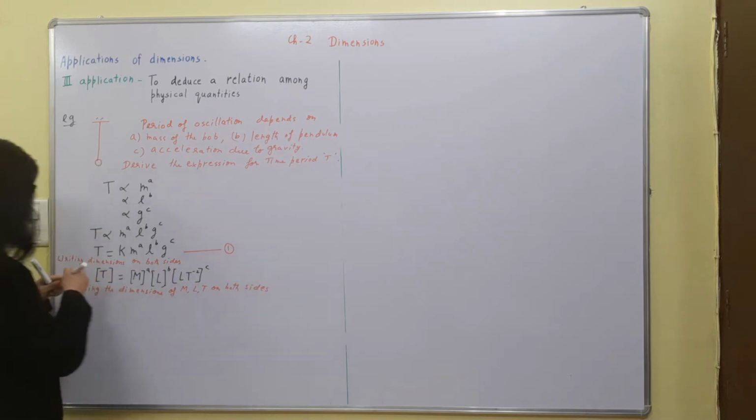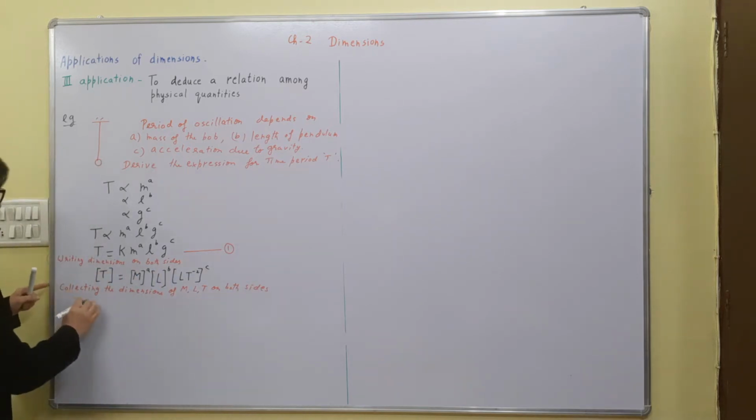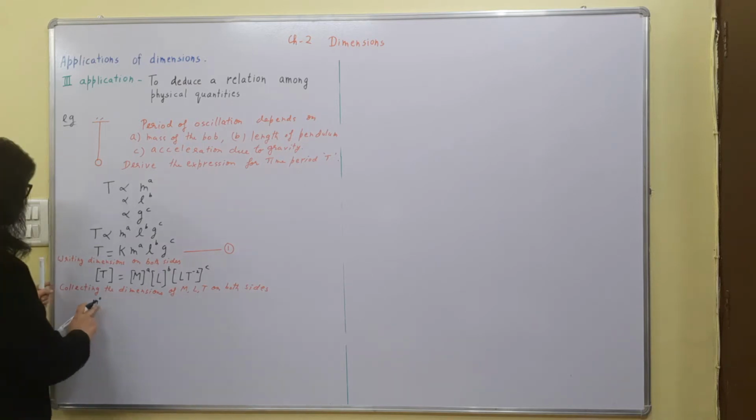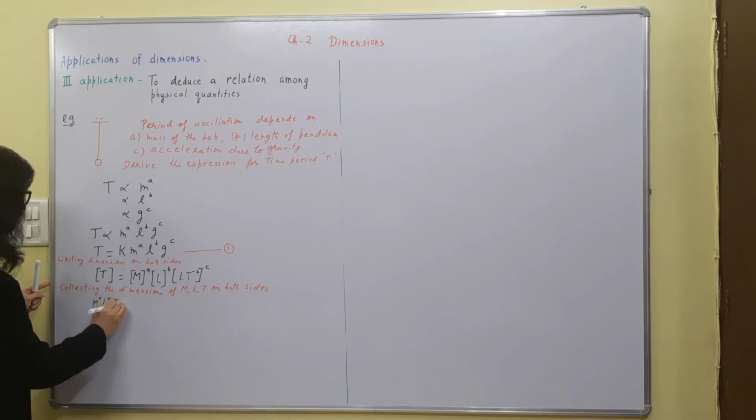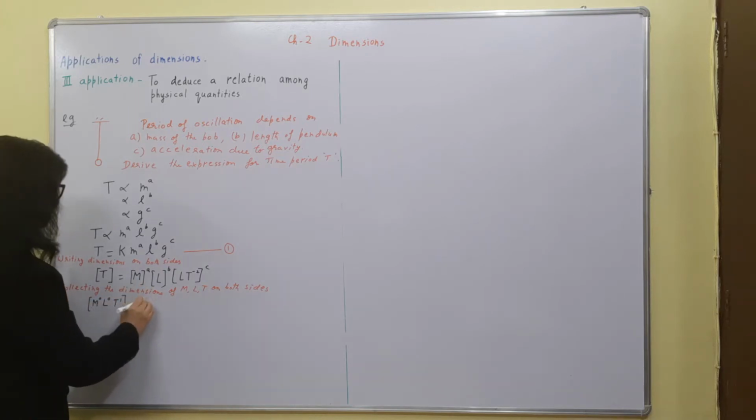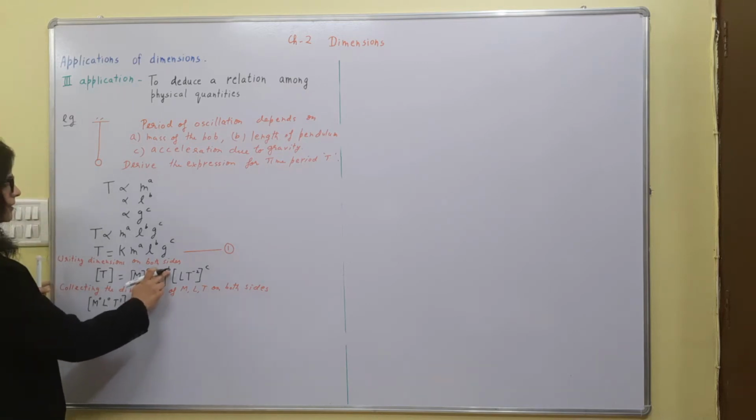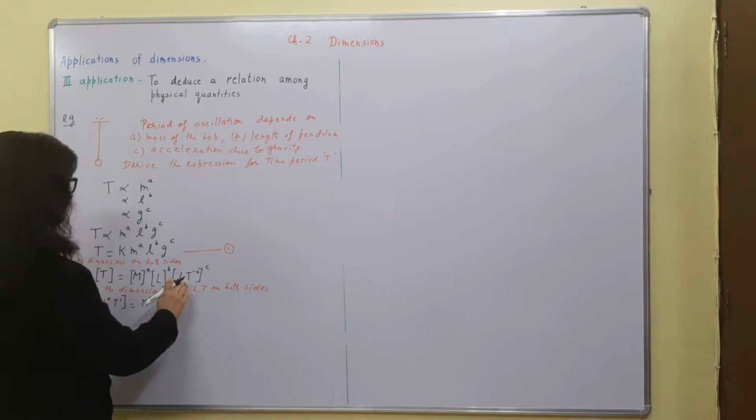Very important step. Here on the left side we have M to the power 0 because there is no part containing mass. L to the power 0 but T to the power 1. On the right side this is M to the power a, this is L to the power b and this is L to the power c.